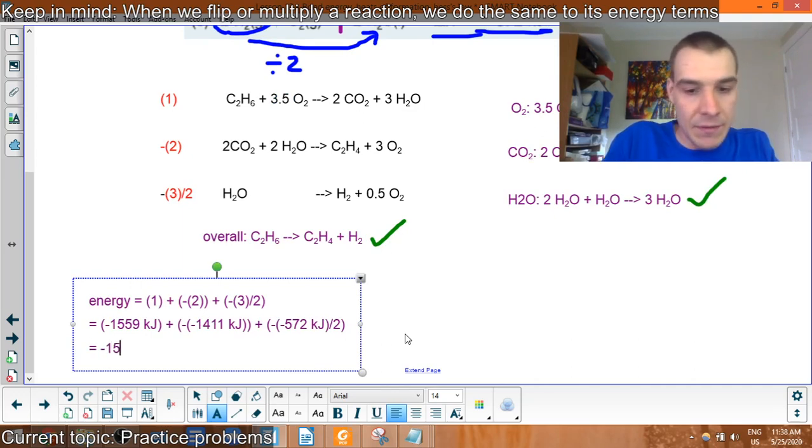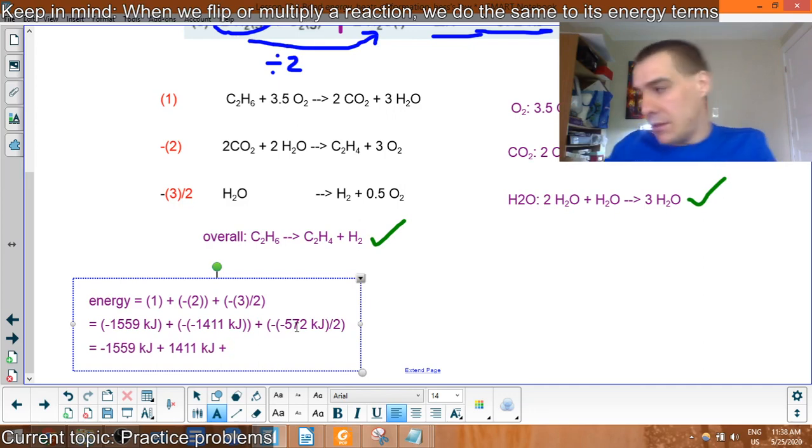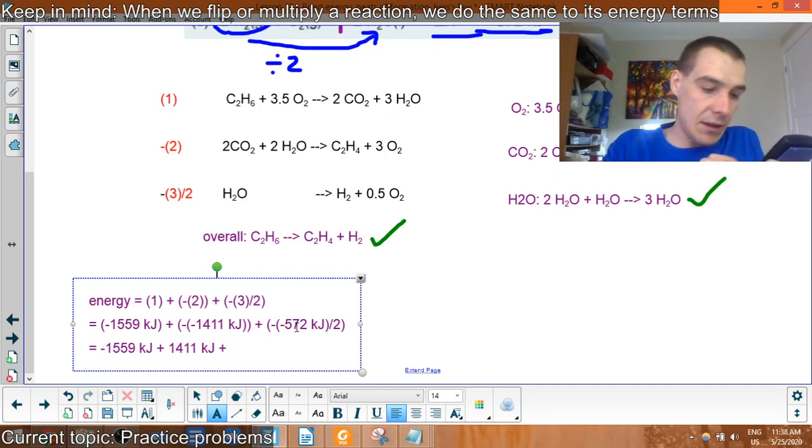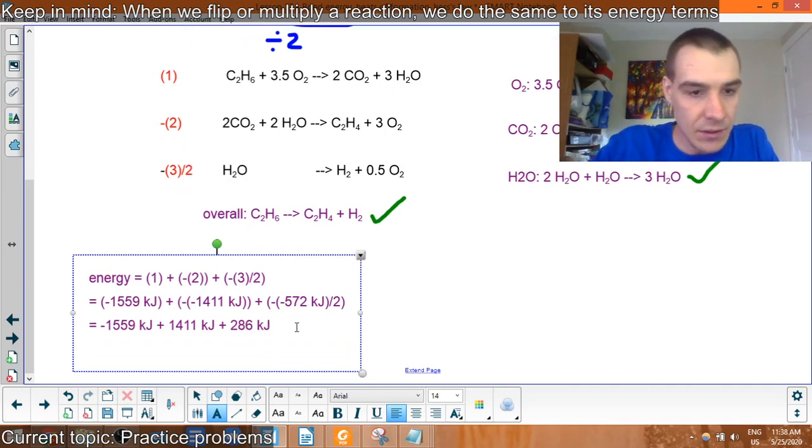That's minus 1559 kilojoules plus minus minus. So plus minus minus comes up to plus 1411 kilojoules. And then plus minus minus again is going to be plus 572 divided by 2, which is 286, so plus 286 kilojoules.